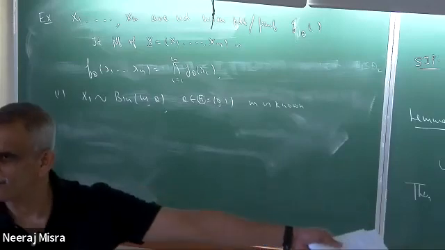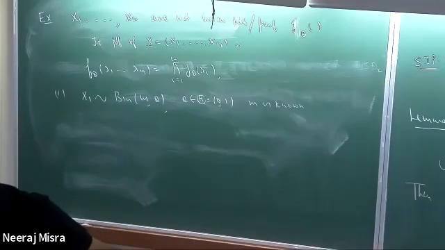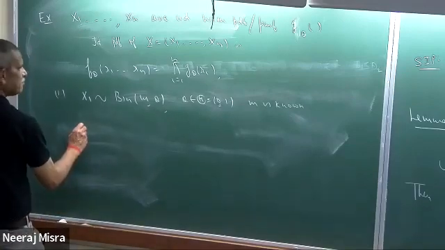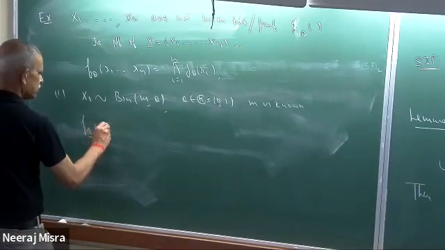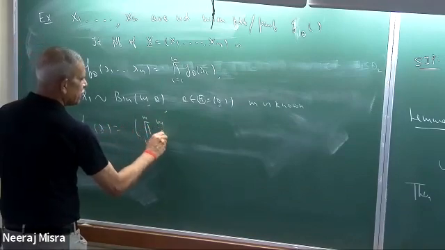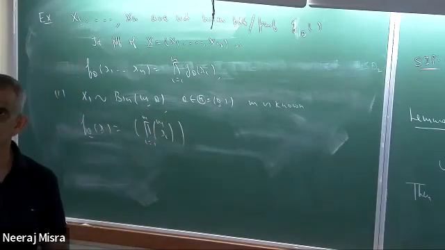And we have seen anyway that exponential families all have MLR. So my intuition suggests that it should have MLR in x bar only, because x bar would come into the joint PDF, right? And you can see your f theta of x is the product over i equal to 1 to m of m choose xi, then theta to the power summation xi, 1 minus theta to the power m minus summation xi. So that becomes theta upon 1 minus theta to the power summation xi.